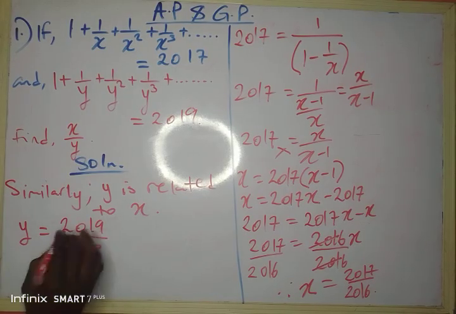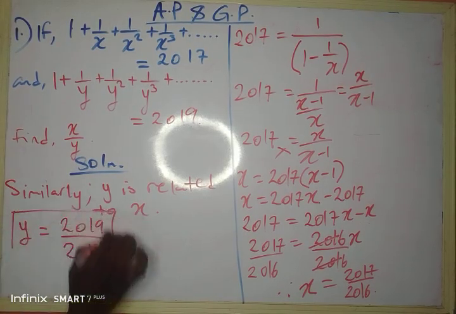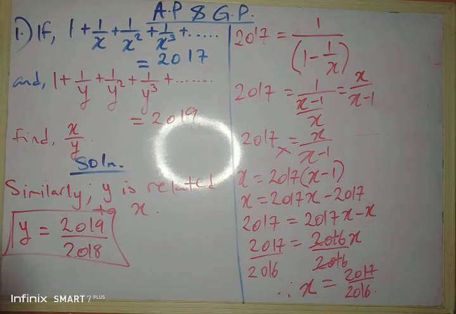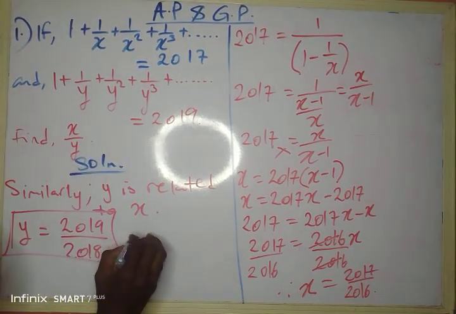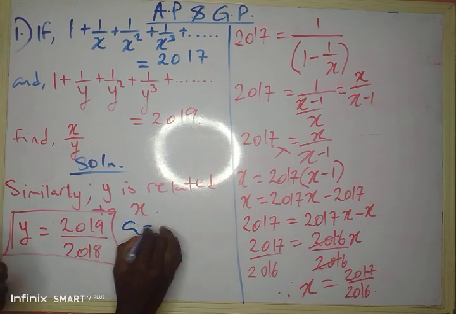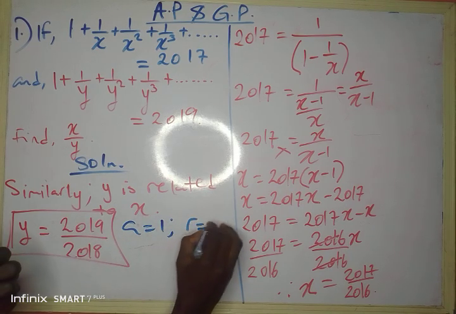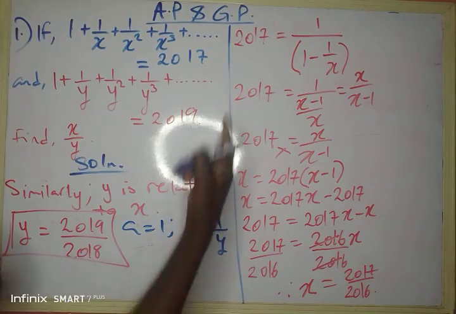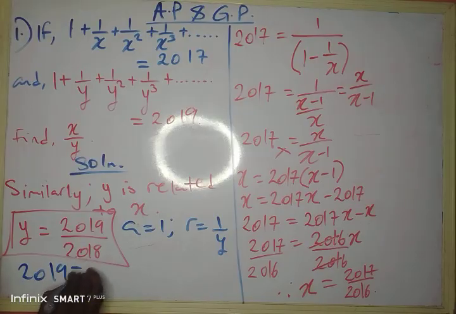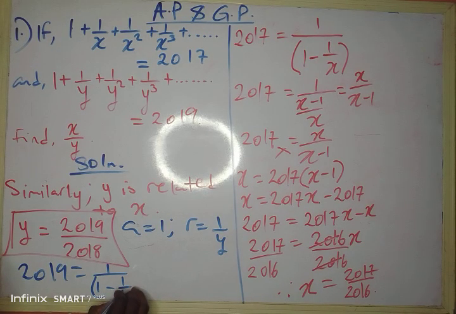This is the final answer for y. But if you want us to solve it, it is fine. Let's solve it. I can say the same thing as x now. For y, a equals 1, and my common ratio equals 1 over y. So using the sum to infinity, a over 1 minus r, I can say 2019 equals 1 over 1 minus 1 over y.